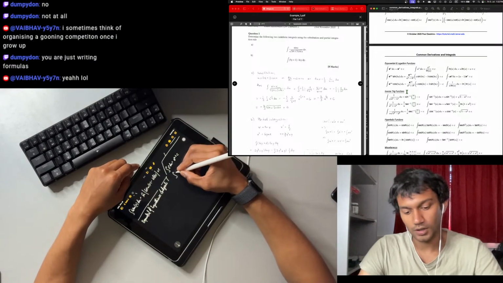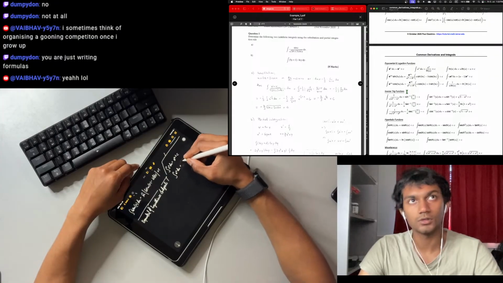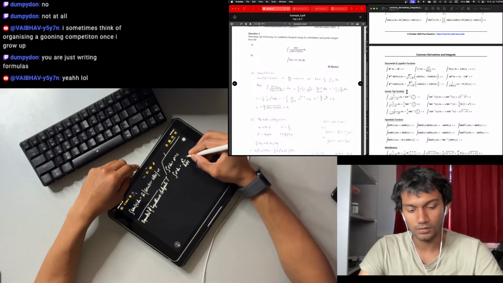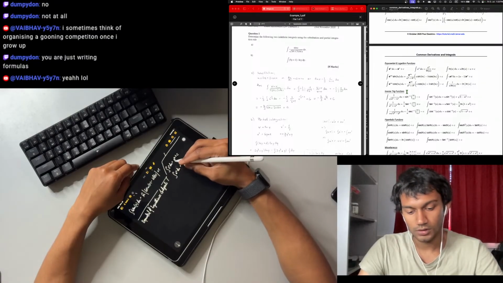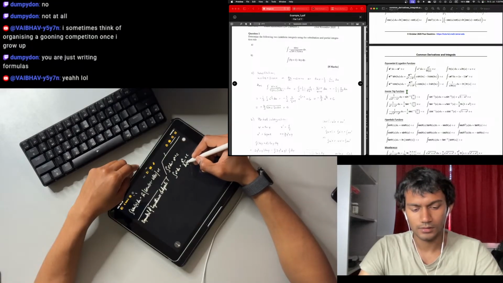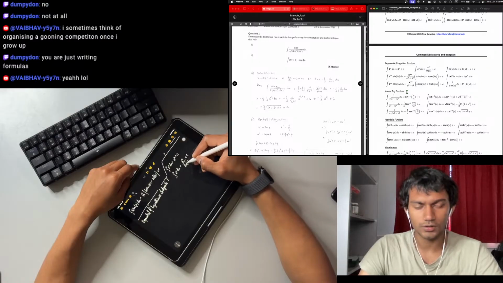Integral a raised to u du equals a^u by natural log of a plus c. But why is there the a? A is a constant. Okay.